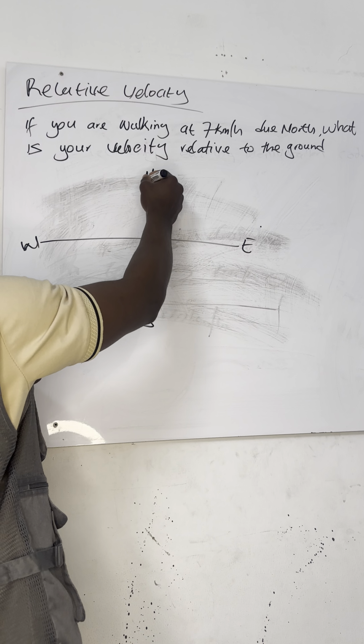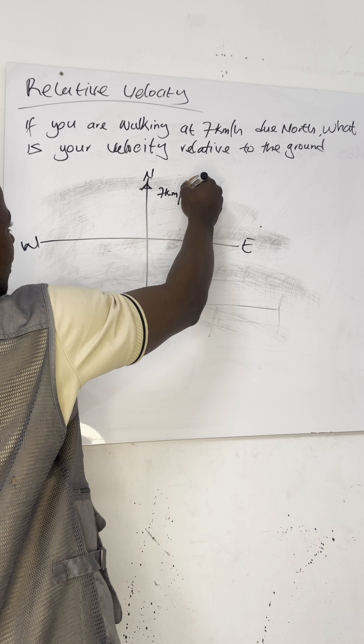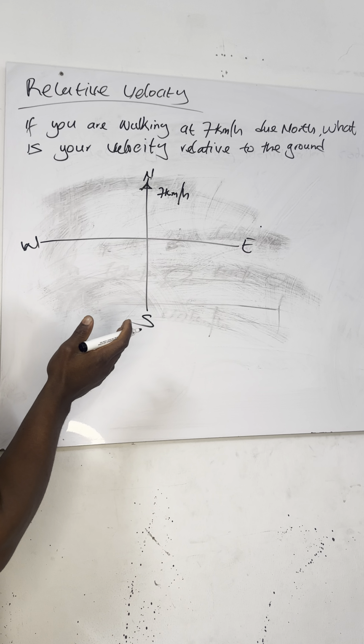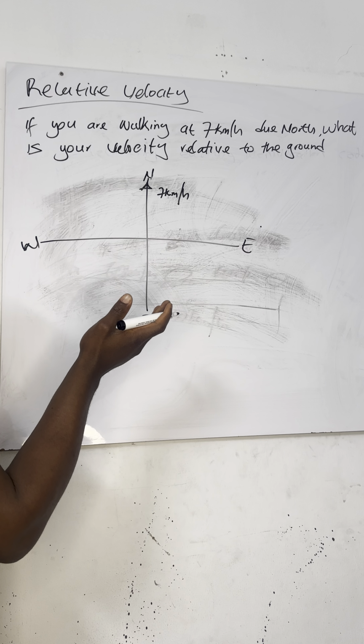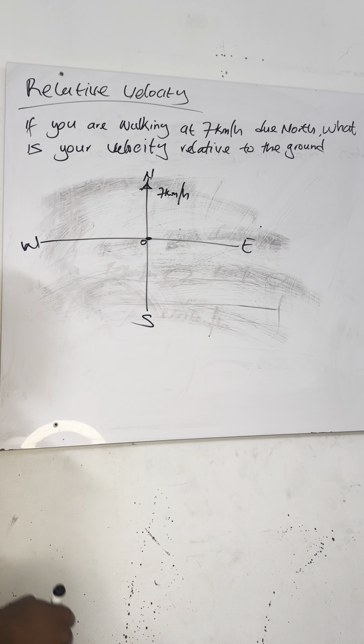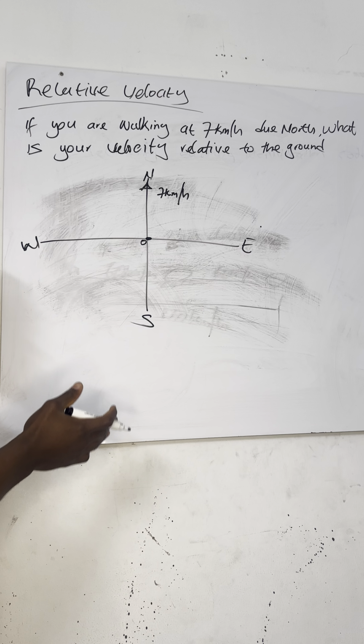So you are traveling due north at a rate of 7 kilometers per hour. Now what is your velocity relative to the ground? In this case, the ground is the point of 0.